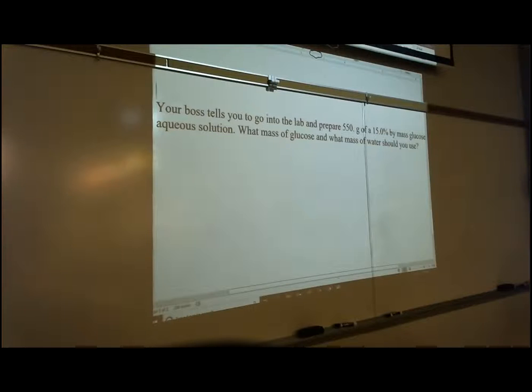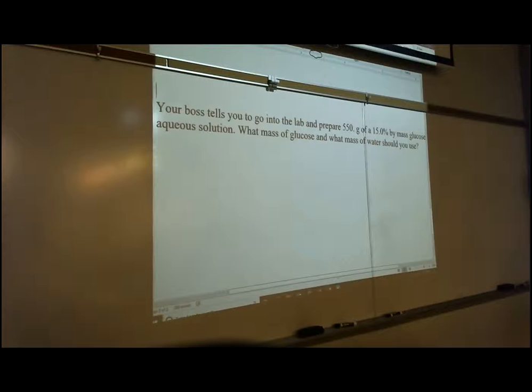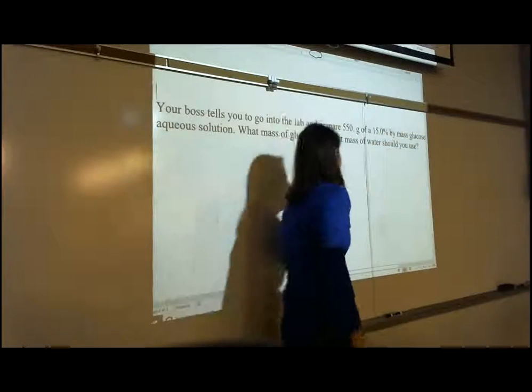Does it matter that it's glucose? I mean, I could have said Kool-Aid mix, right? It doesn't matter what the solute is because it's by mass. We don't need to calculate number of moles or anything like that. So boss wants 550 grams and wants it to be 15%. What mass of glucose and what mass of water should you use?